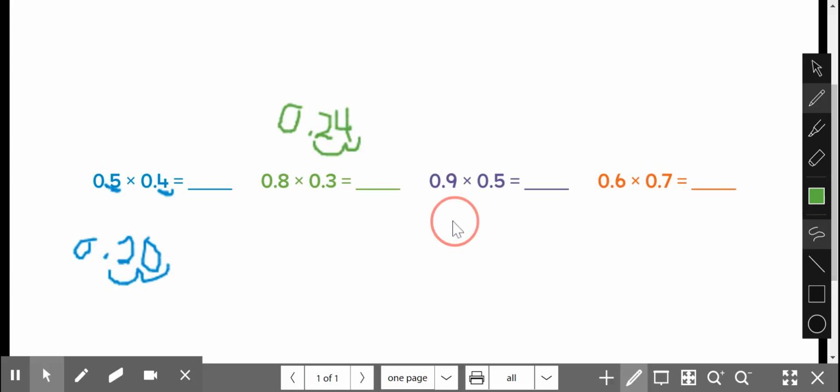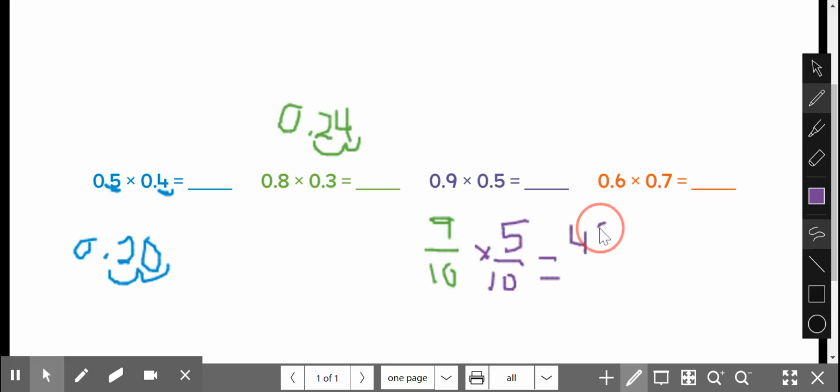Let's try this one a little bit differently. Let's change this one into a fraction, 9/10 times 5/10. Now, 9 times 5 is 45, and then 10 times 10 is 100.